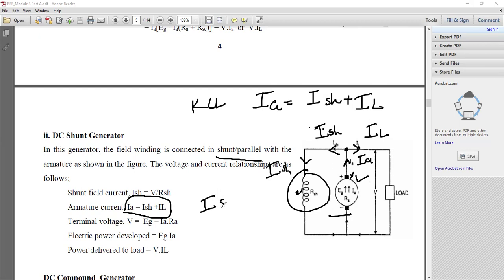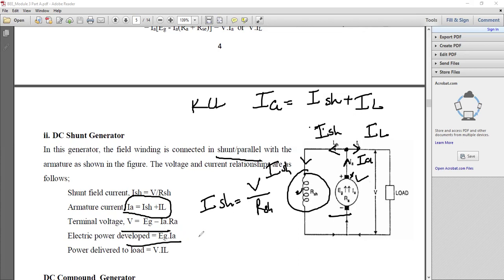Apply Ohm's law: Ish is the terminal voltage V divided by Rsh, where Rsh is nothing but the resistance offered by the field. Also, the terminal voltage is equal to Eg minus Ia into Ra. Why is Rsh not included? Because we are considering the terminal voltage Eg minus Ia into Ra, and we are not considering Rsh here.